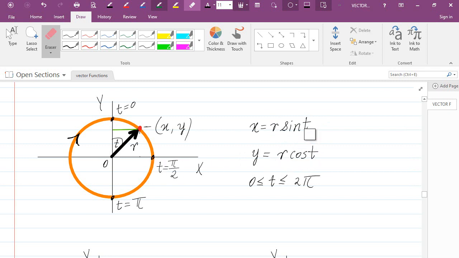When t is pi, x would be 0 again and y would be negative r, so we are at this point. So you can see that we are starting at this point and going clockwise, and when t is 2 pi, we'll be coming back to this point again. So this is a parametrization of the circle of radius r centered at the origin, traced clockwise.